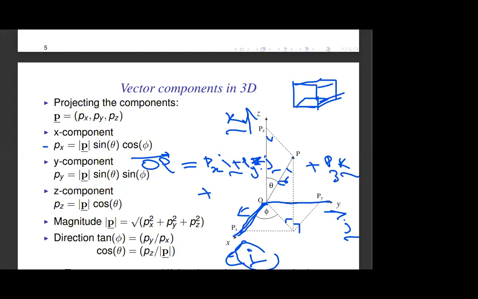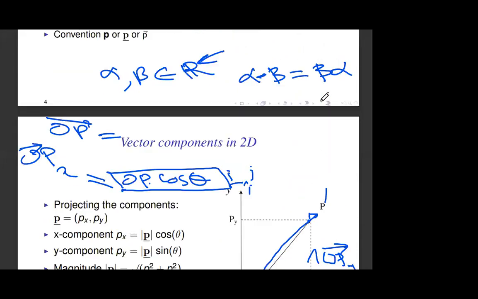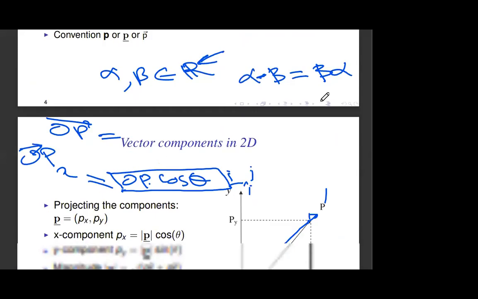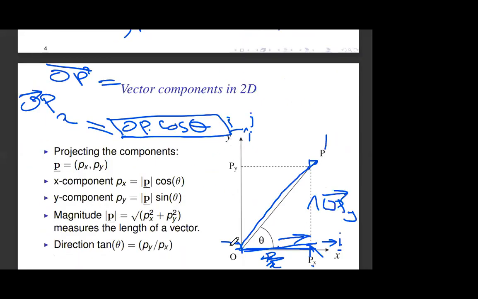Likewise, you can define position vectors according to these reference frames. So this is a two-dimensional Cartesian plane.